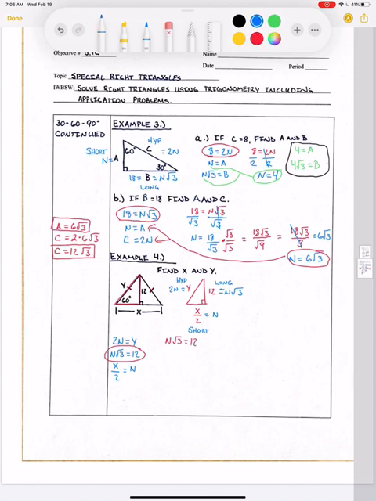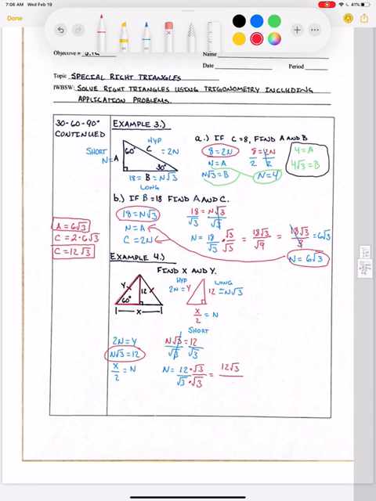To solve for n, I'm going to divide both sides by the square root of 3. These cancel. N equals 12 over the square root of 3, but I have to rationalize because I can't have a square root in the denominator of a fraction. The top is just going to be 12 square roots of 3.